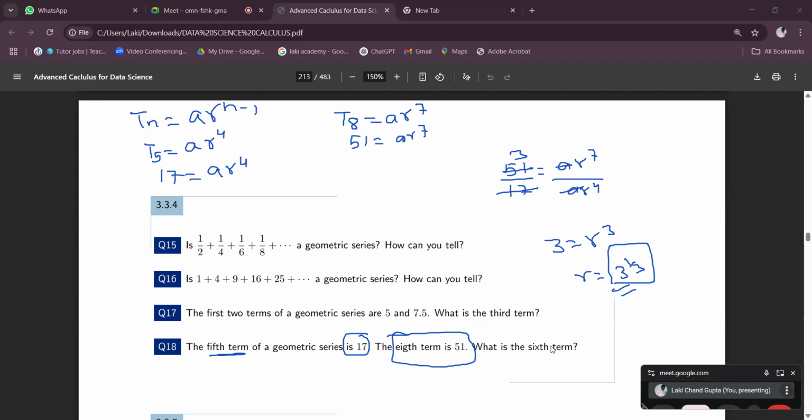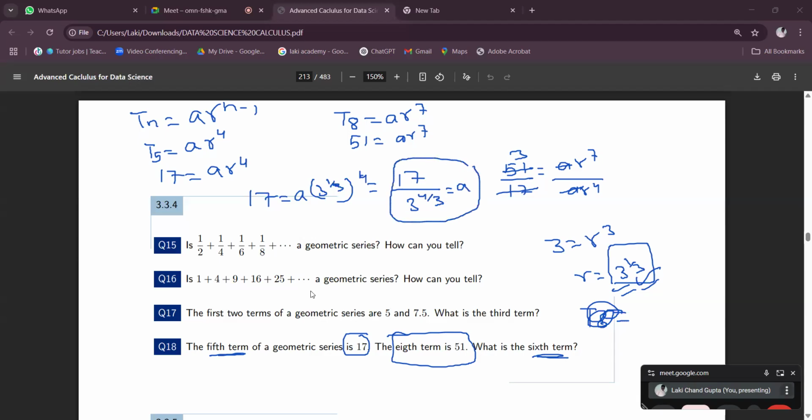What is the sixth term? So r is this. For the sixth term, you can put any value for a. r is raised to 4, so a will be 17 upon 3^(4/3). This is the value of a.